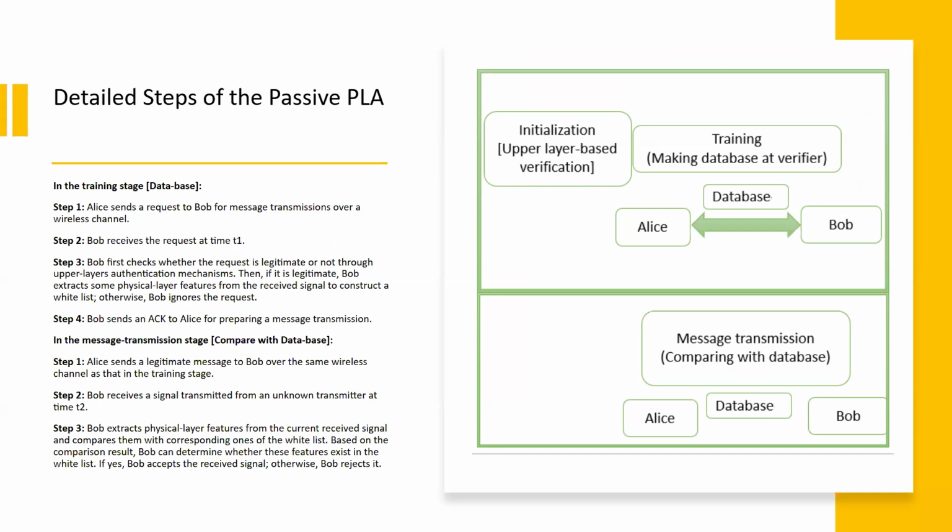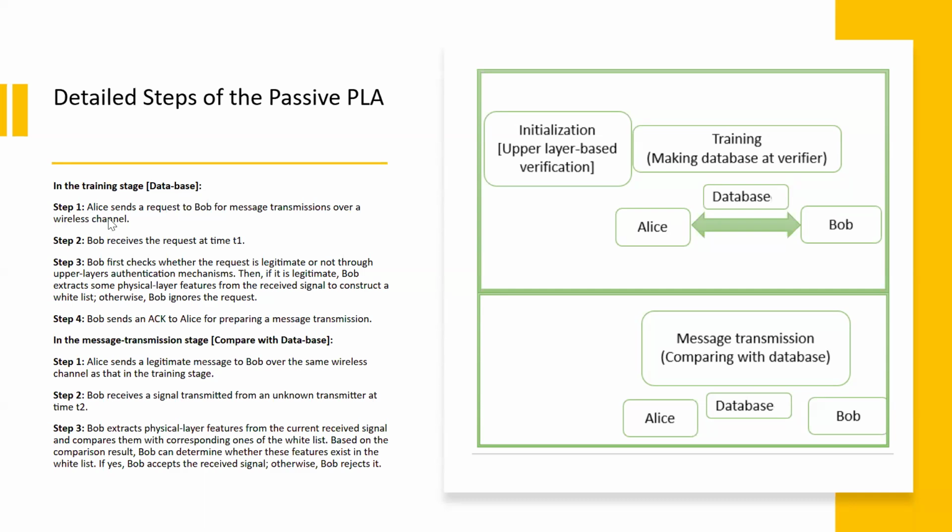We have two stages: first the training stage, and then the message transmission stage. In the training stage, we have four steps that Alice and Bob have to go through, and they have to handshake some messages in order to extract some features. And in the second stage, it is the process in which they really authenticate each other or reject each other.